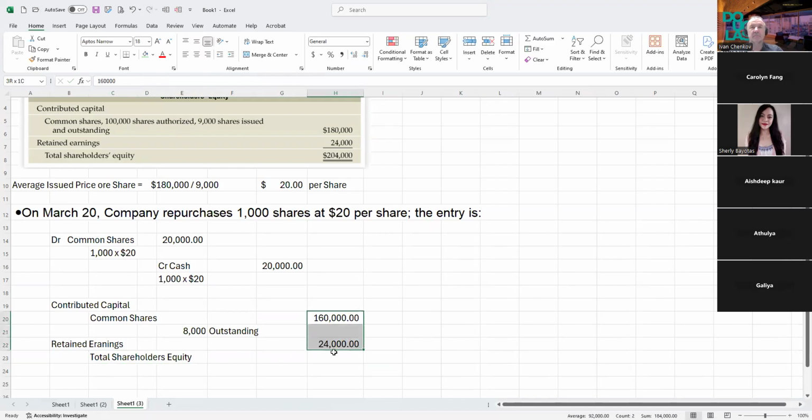Those two together. What's happened with the shareholders' equity? Is it going up or going down? Going down. By how much? By the $20,000. So the purchase of the common shares is reducing the total shareholders' equity by $20,000.